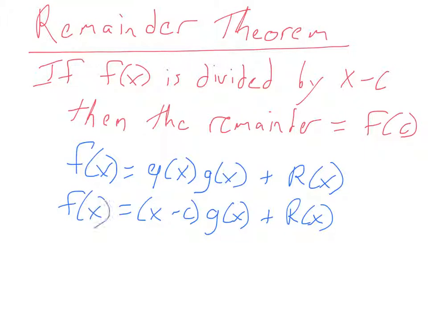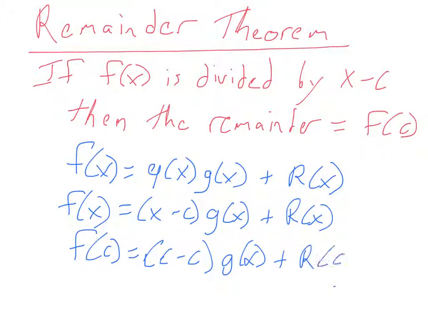So what happens if you take f of c? We plug in c for x. We get c minus c times q of x plus r of c. The c minus c cancels and becomes 0, so this whole term goes to 0. And so we see that f of c ends up equaling the remainder.